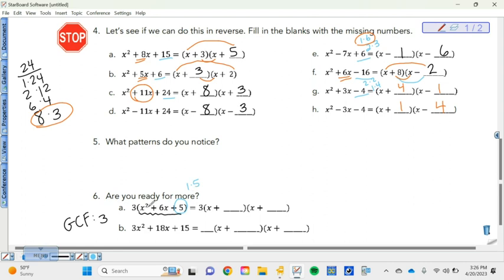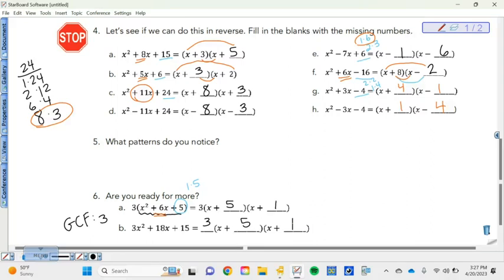And I can use 1 and 5 to get to 6, can't I? Yeah, just positive 1 plus 5. So that means my factors are x plus 5 and x plus 1. I'm not quite sure why they did it like this, but this is just the exact same thing. Okay. Are we clear on that? Does that make sense? A little bit?